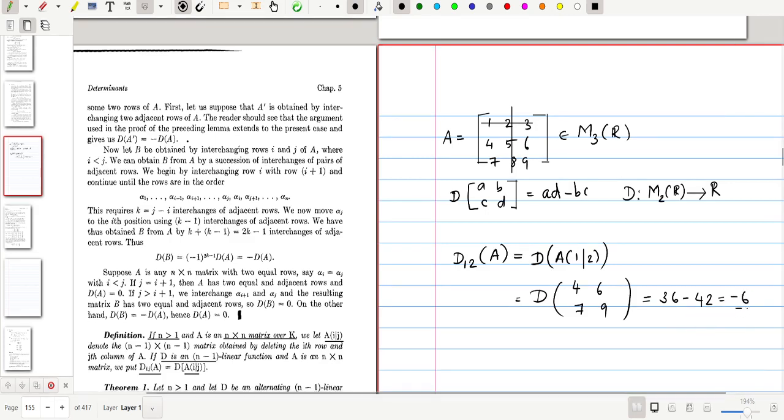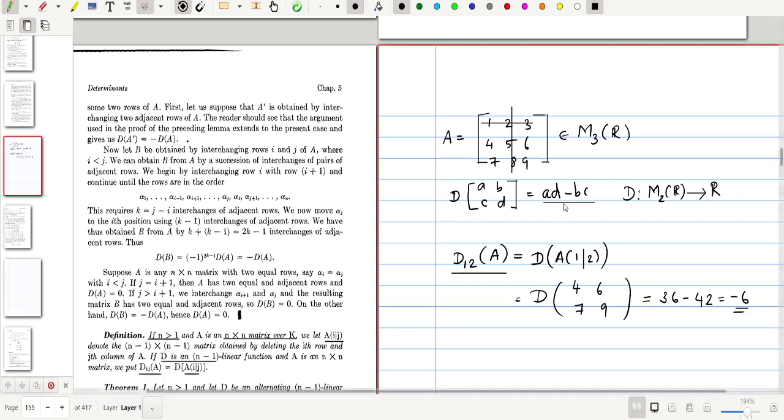So this is what we have defined here, Dij of A, or D12. For example, D12 of A is obtained from the D value of this matrix, and this matrix A12 is the 2 by 2 matrix obtained by deleting the first row of A and the second column of A. So then you can get this matrix 4, 6, 7, 9, and find the D value.